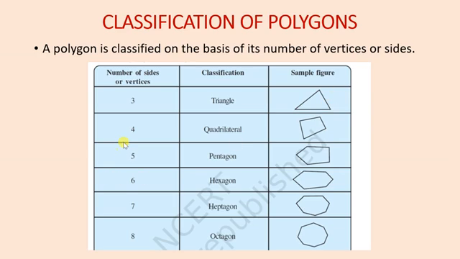If it has 4 sides, it is called a quadrilateral. A polygon of 5 sides is called a pentagon. A polygon of 6 sides is called a hexagon. A polygon of 7 sides is called a heptagon. A polygon of 8 sides is called an octagon.